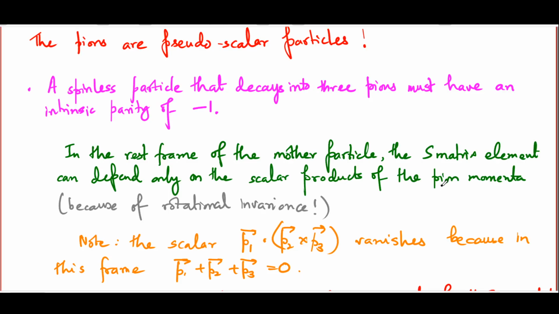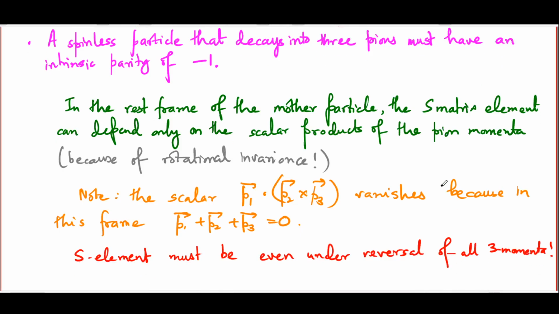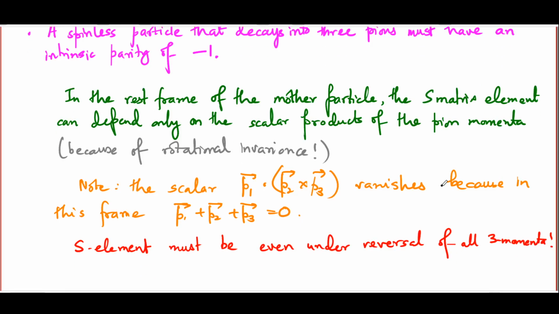S can only depend on the scalar products of the pairs of pion momenta. However, if that is the case, then reversing all the three momenta cannot change the S element, simply because P1.P2, P1.P3 or P2.P3 are all invariant under the change where all the P's go to minus P's.